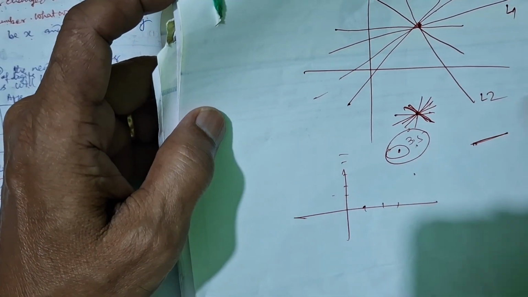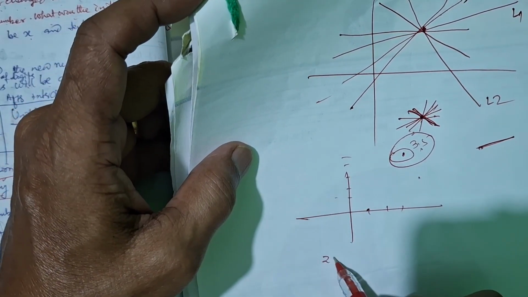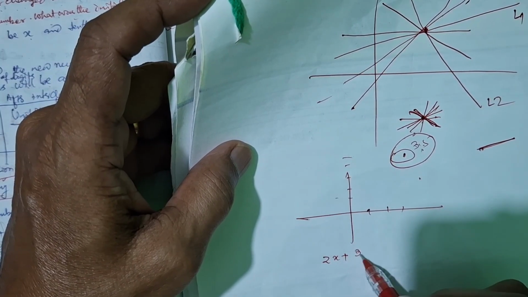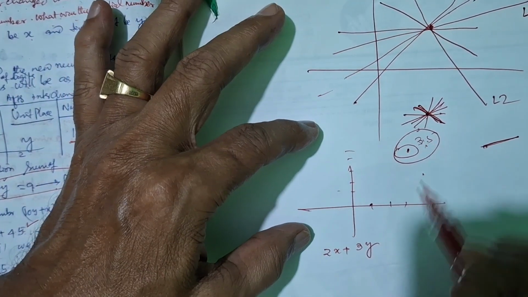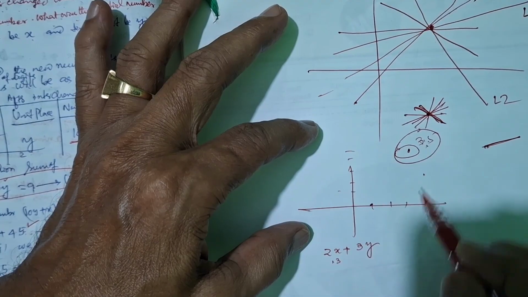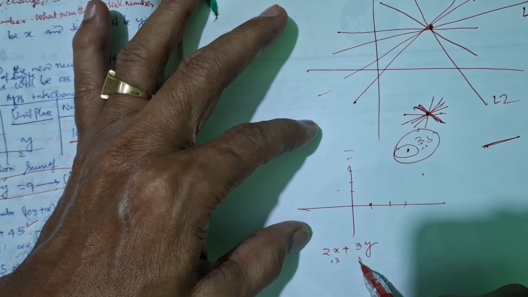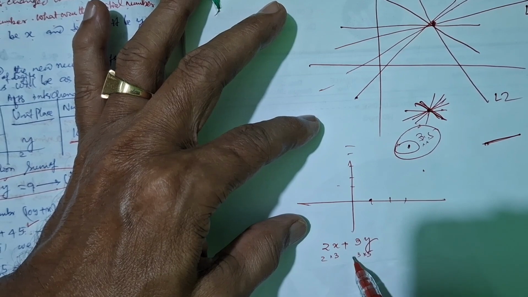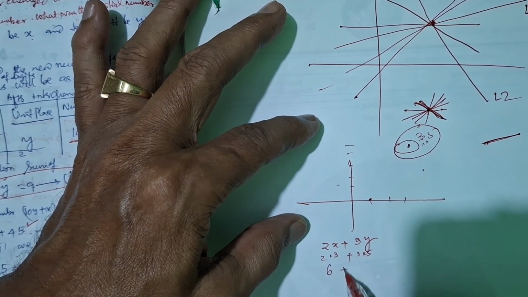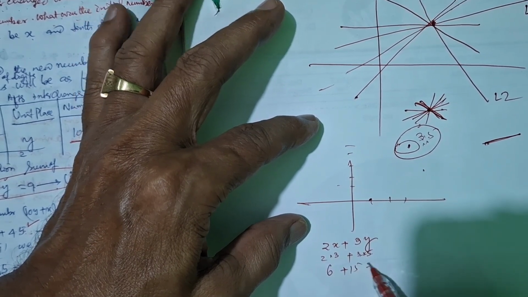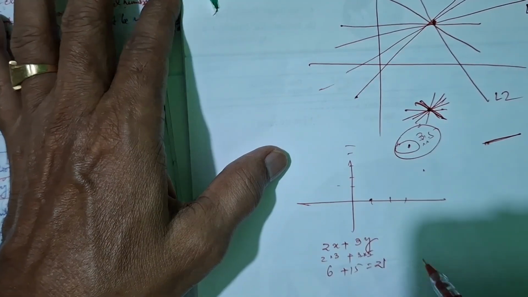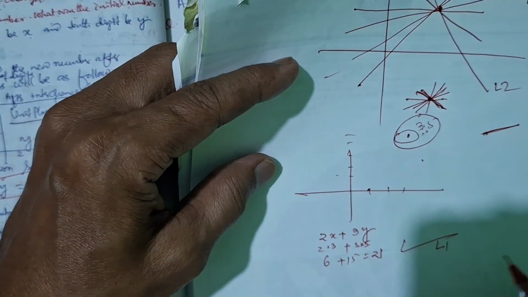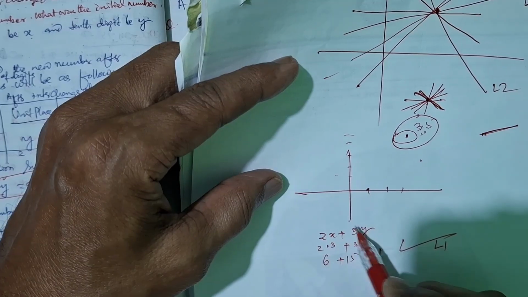You can draw any equation. Suppose 2x plus 3y. What is x? x is 3, y is 5. So it is 6 plus 15, 21. It is L1. Okay, I will draw another, just interchange.